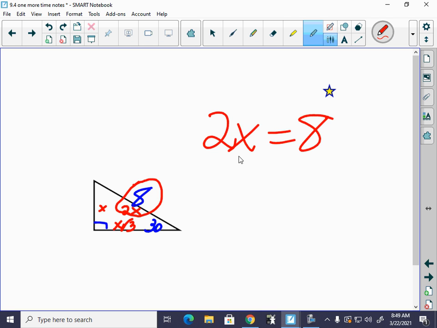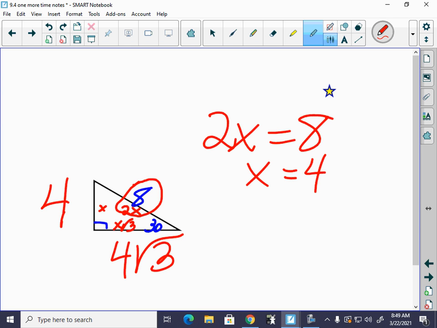What do you divide? You divide by 2. X equals 4. So 4 goes here, and 4 square root of 3 goes there. And that's it. The only algebra you have to do on this problem is divide by 2. Wowza. But you're not going to know that unless you label the inside of the triangle.